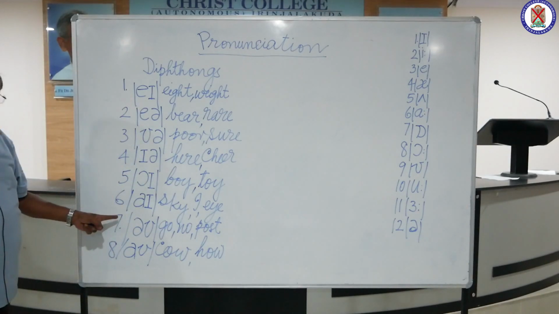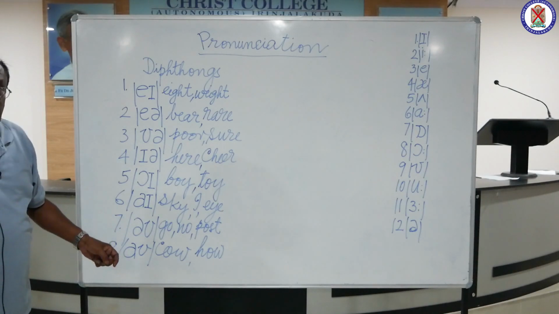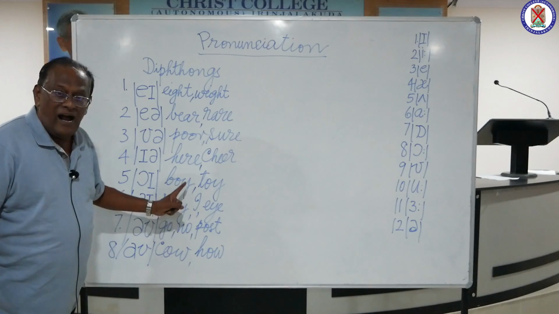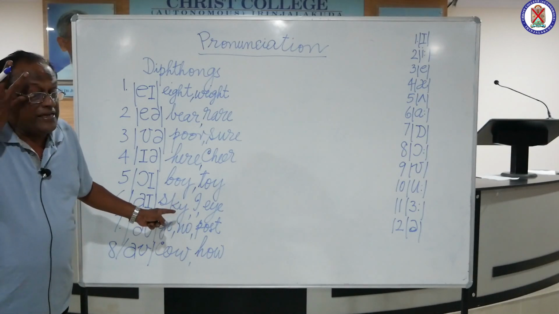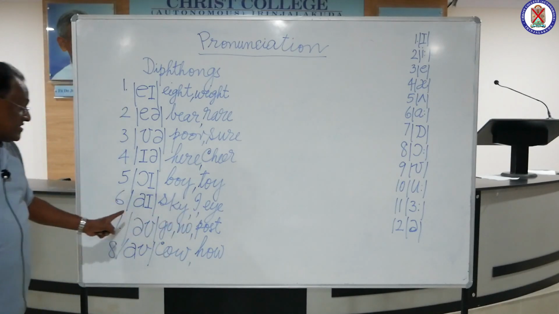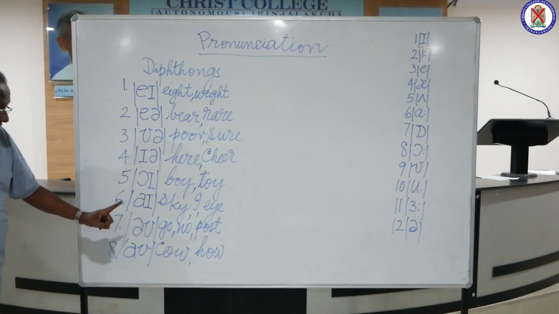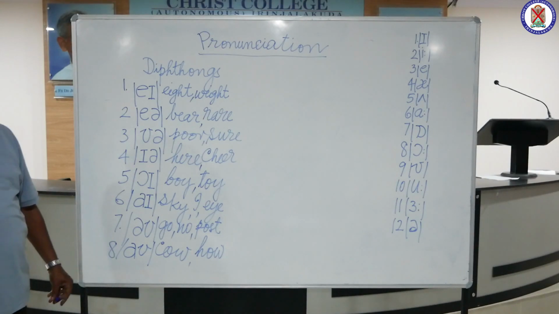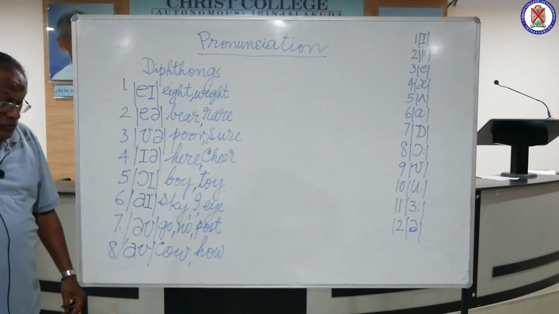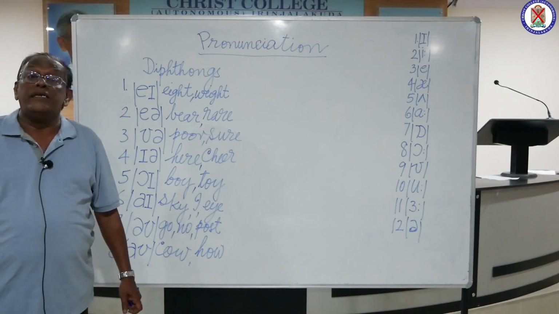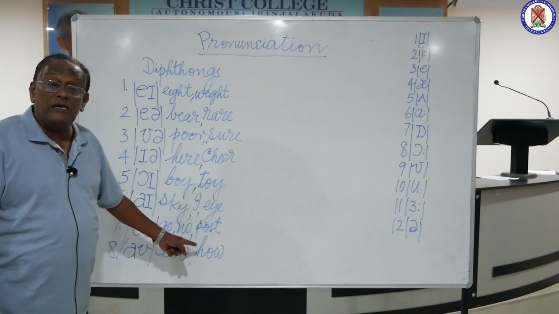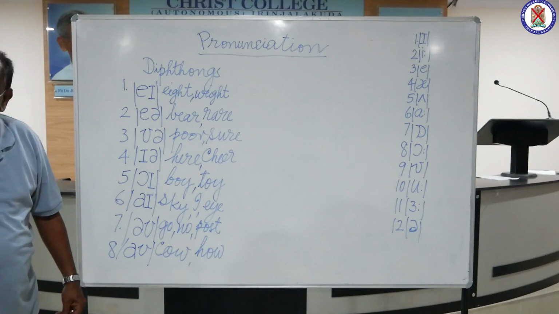Sixth one, A plus E, "eye", which you have in words like sky, I, E-Y-E, I. Seventh one is "oh". You have this sound in words like G-O, go, N-O, no, P-O-S-T, post.